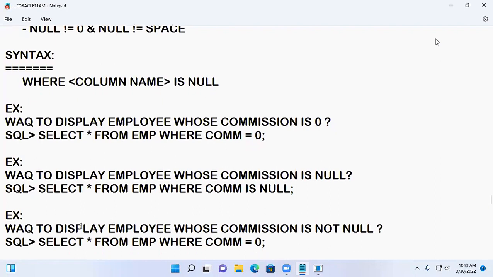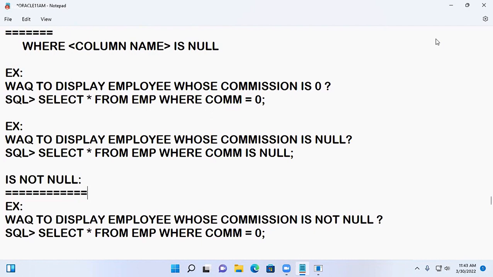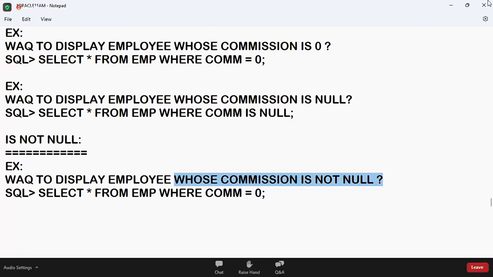This is an example of the negative operator, IS NOT NULL. In this example, I wanted people whose commission is not null, meaning having some value, yes or no?